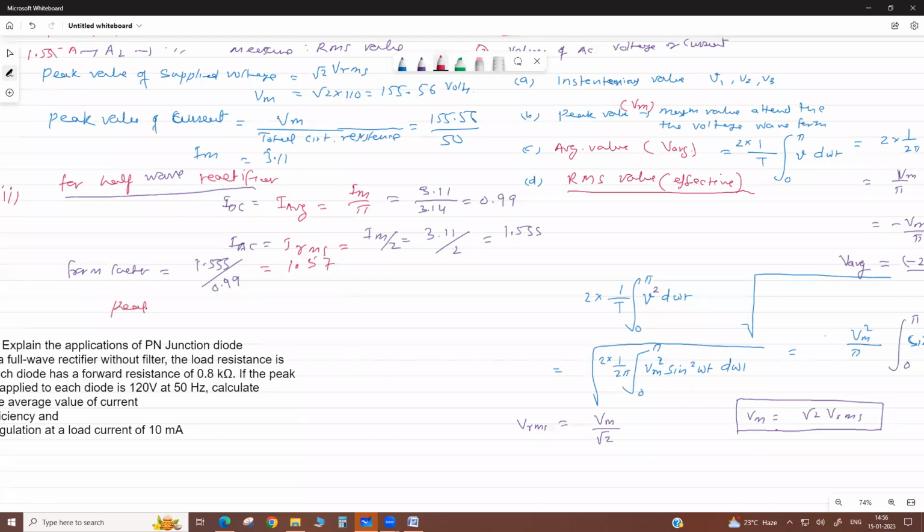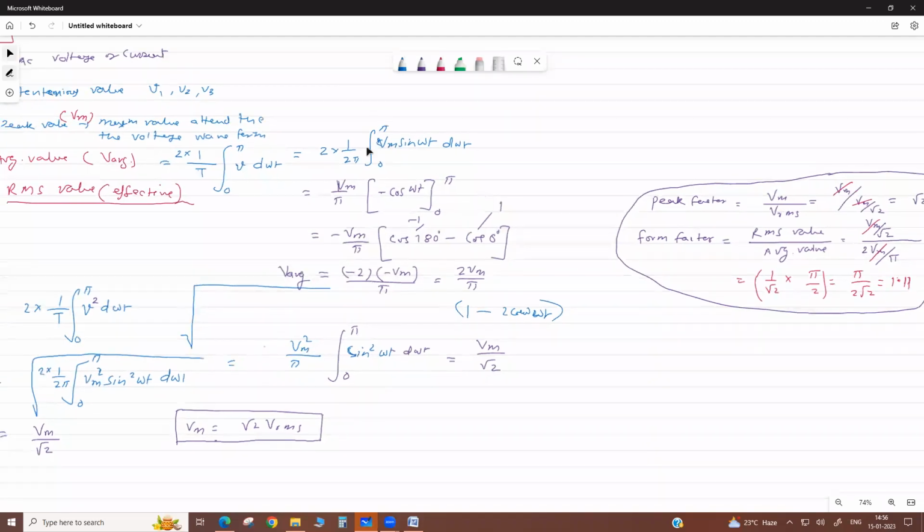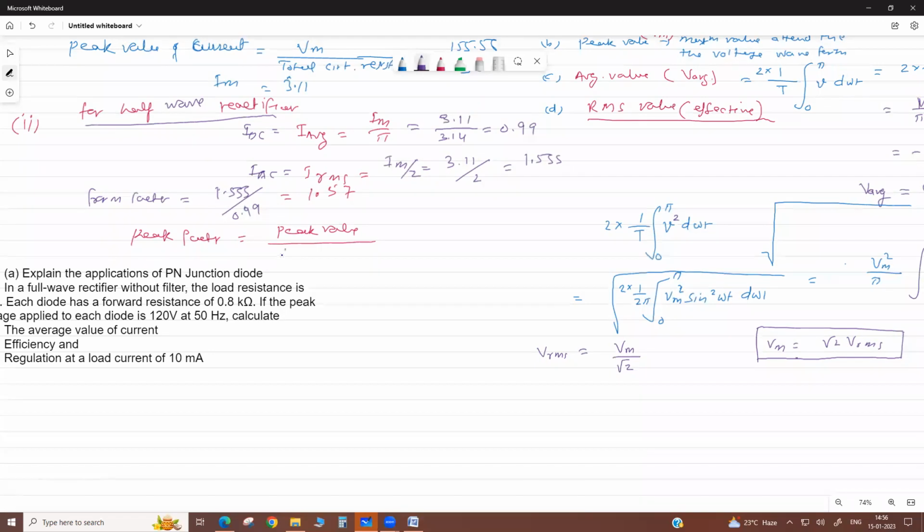Then the peak factor is the peak value by the RMS value. What is the peak value here?